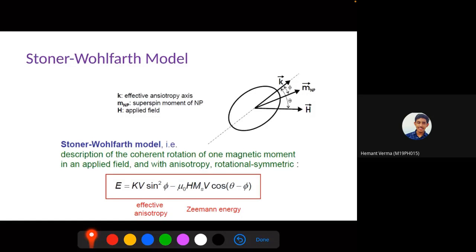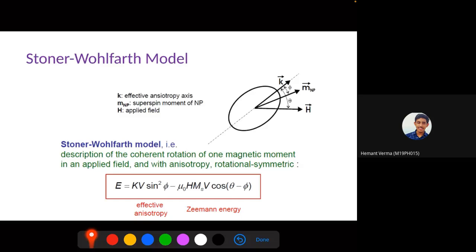So like hysteresis, and that can be understood using this Stoner-Wohlfarth model. This Stoner-Wohlfarth model shows you the behavior of a ferromagnetic single domain particle due to a magnetic field.